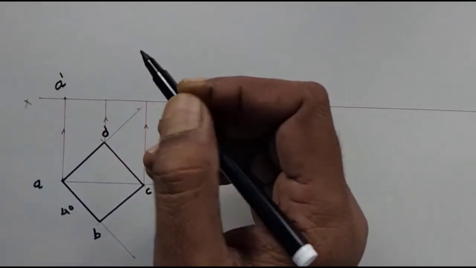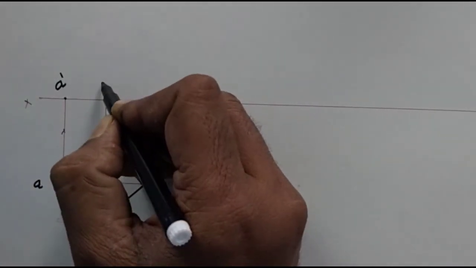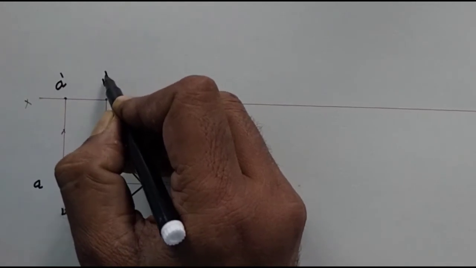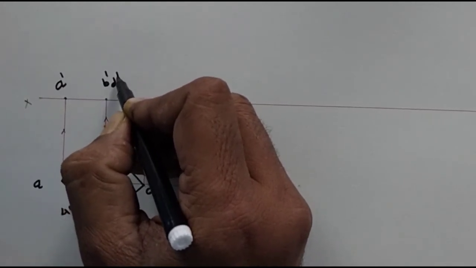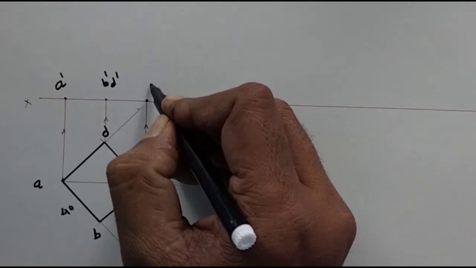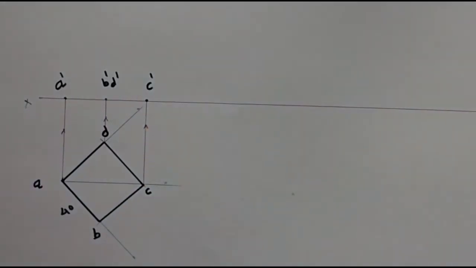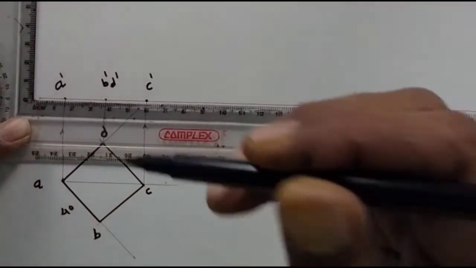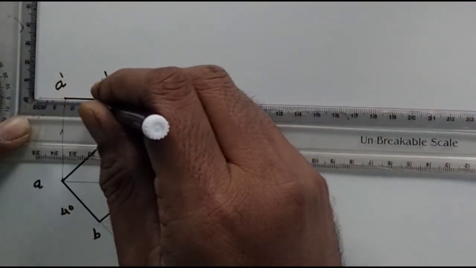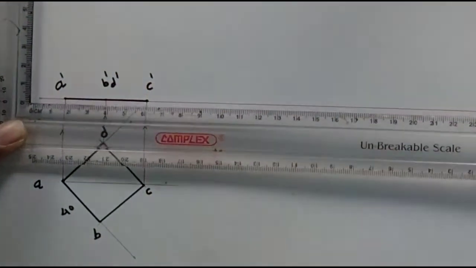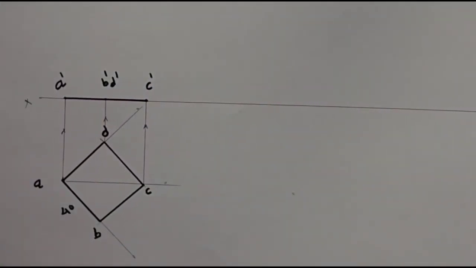It is our corner A. Here we have the two corners B dash and D dash, and there is a corner C dash. Now I join A dash, C dash. So it is the elevation on the XY line.